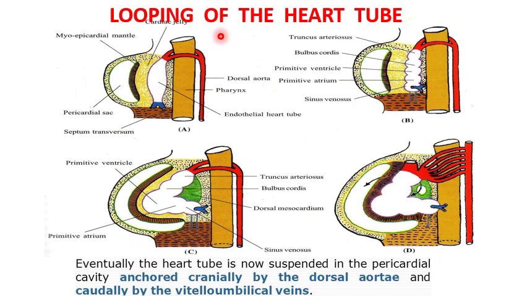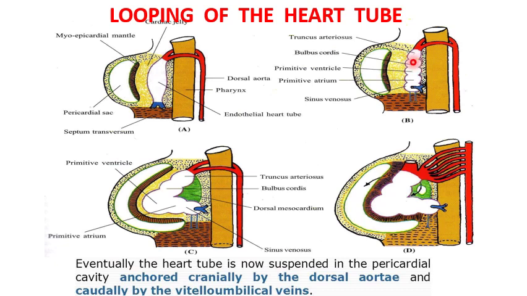As the development progresses, the longitudinally placed saccular heart tube now grows rapidly under the influence of the neural crest cells, which influence the secondary heart field and give more cells to the outflow tract, more so for the bulbous cordis.